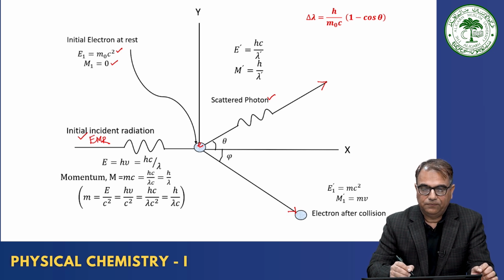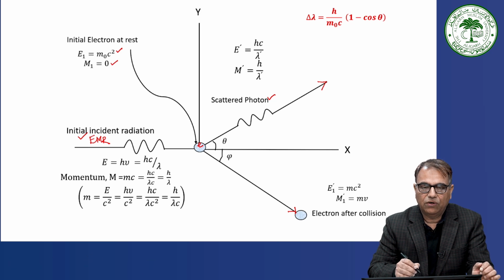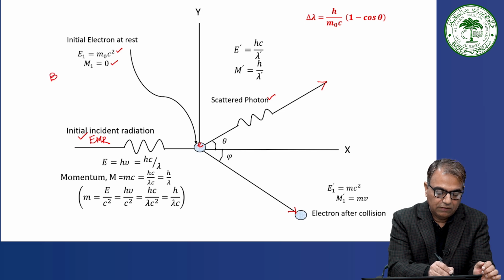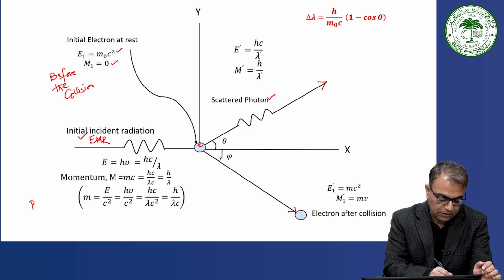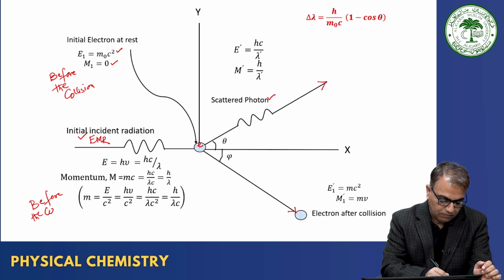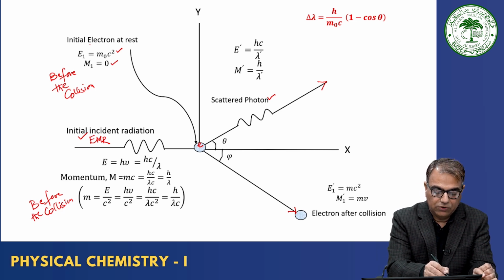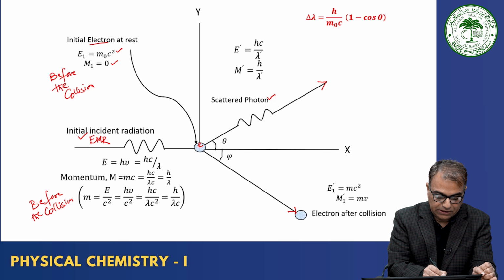If you look at the energy and the momentum before the collision and after the collision, this is before the collision. This is for the electron, and this is for the electromagnetic radiation.